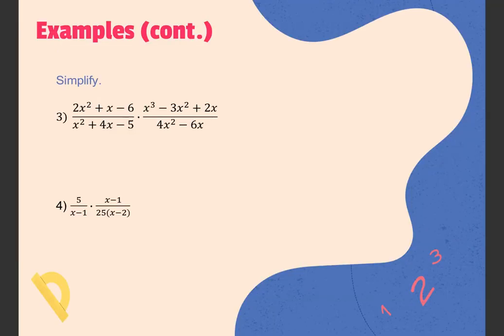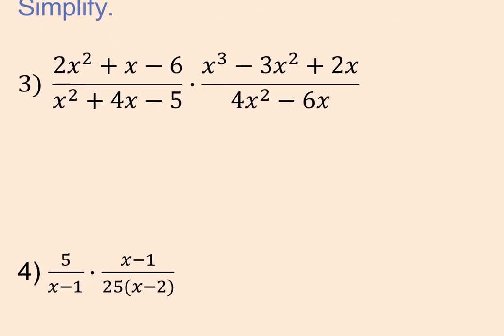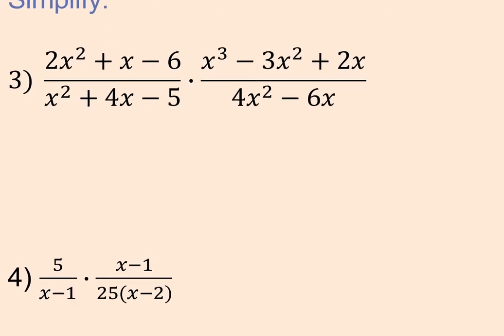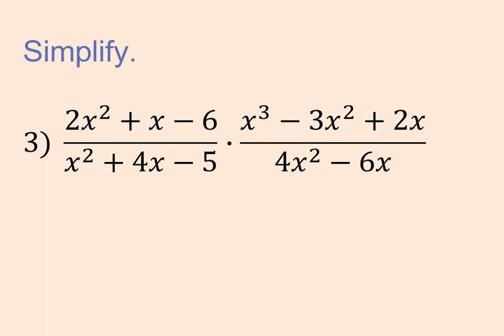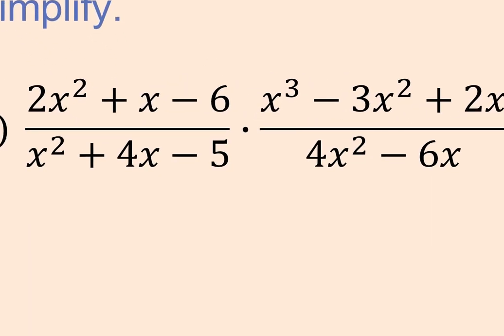All right, then we just bump up the factoring. So in question 3, we are going to factor 4 times. For 2x squared plus x minus 6, how would you factor that? What would be the process? Valerie? 2 times negative 6.